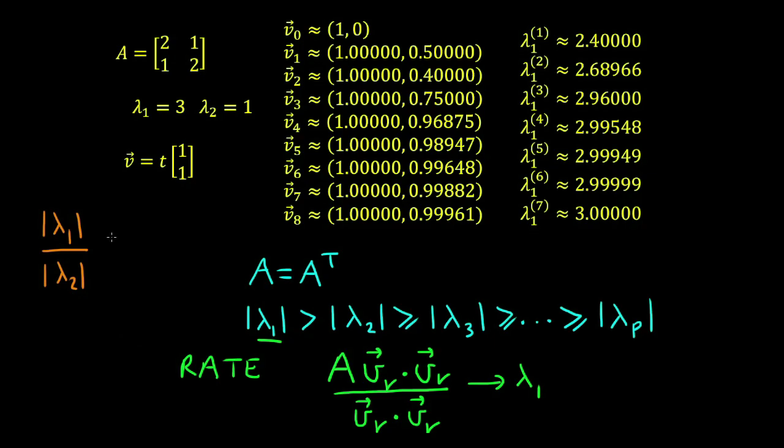So if this ratio is close to 1, then that means that the power sequence converges slowly. And the larger this ratio is compared to 1, the faster the power sequence will converge.